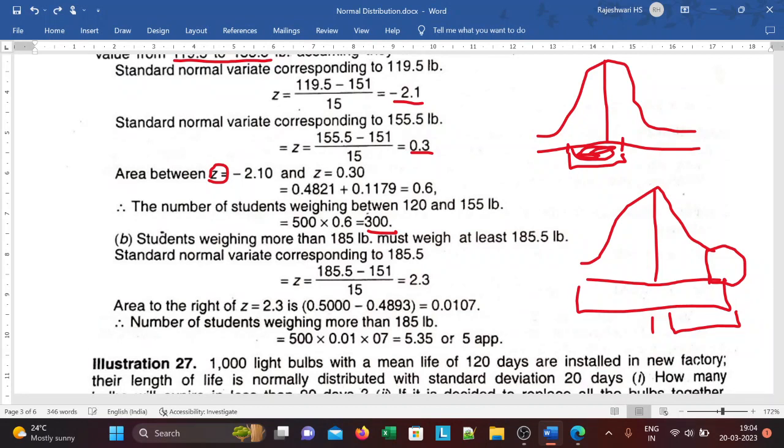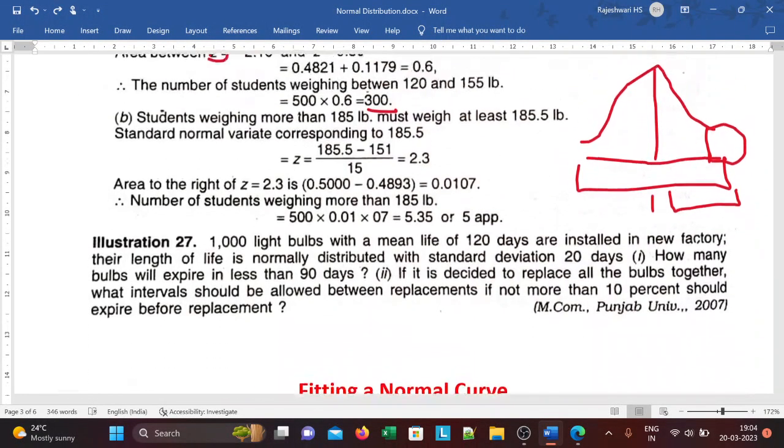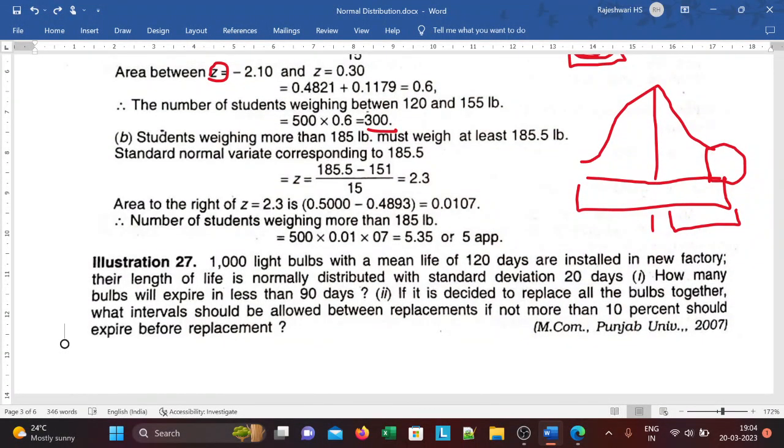But just to check one more problem, it's your homework problem, you should try this. 100 light bulbs with a mean life of 120 days, that means the mean value is 120 days, are installed in a new factory. The length of the life is normally distributed with a standard deviation of 20 days.